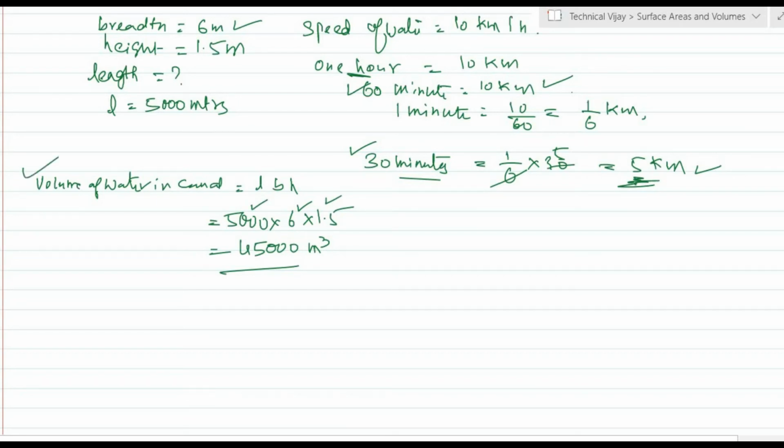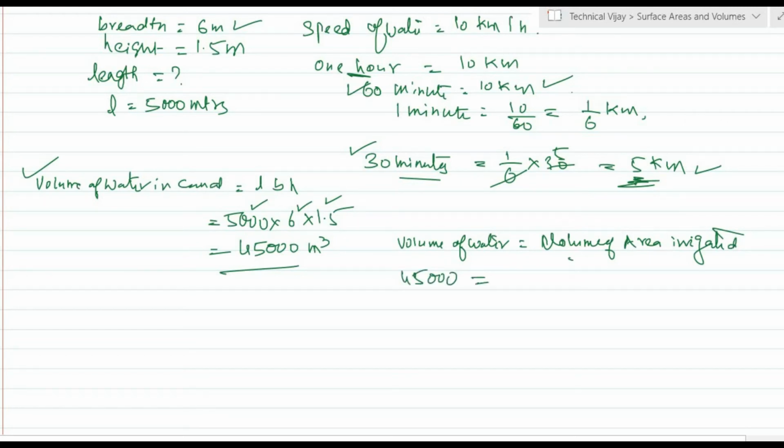Now this volume of water in a canal is equal to the volume of area irrigated. So the volume of water is nothing but 45,000.